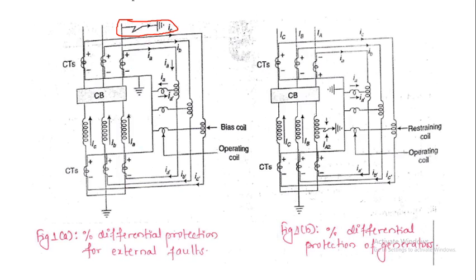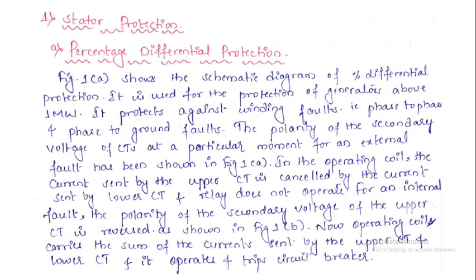Okay, so in such a case, the current passed because of these CTs, that is IA, IB, IC, in this operating coil. This is the direction of the current flowing, IA, the current flown by the upper CTs, and this is the current flown by the lower CTs, IA dash. You just observe the polarities.